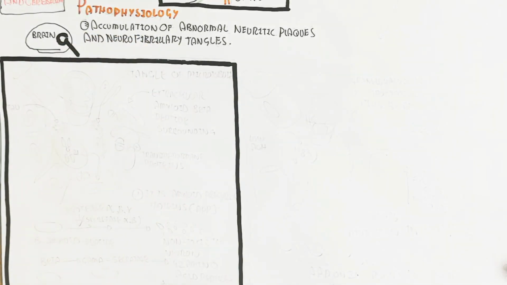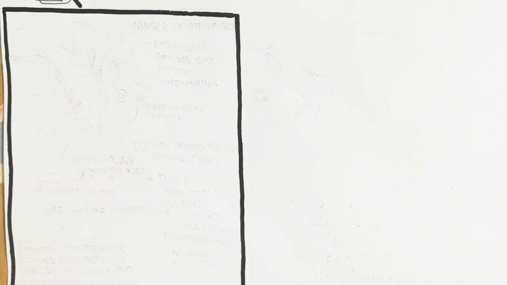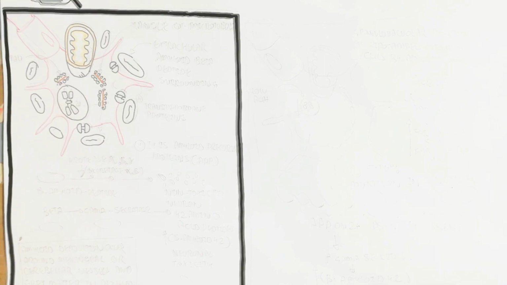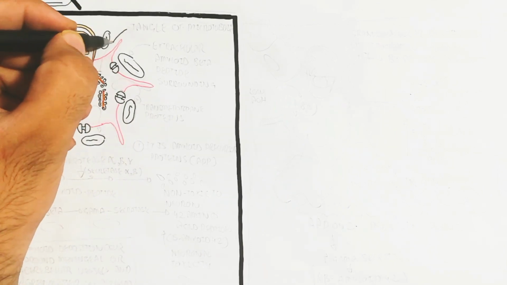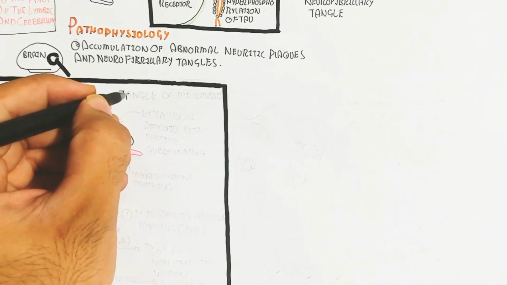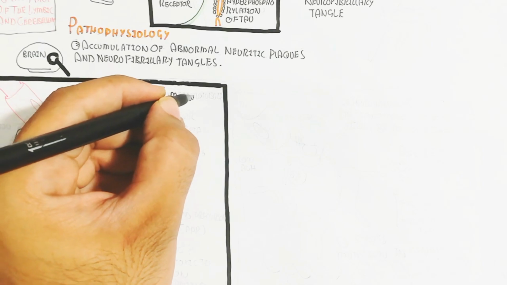This is the brain, and the neurons contain microtubules. The microtubule is important for the stability and anatomical structure of the cell for normal function.